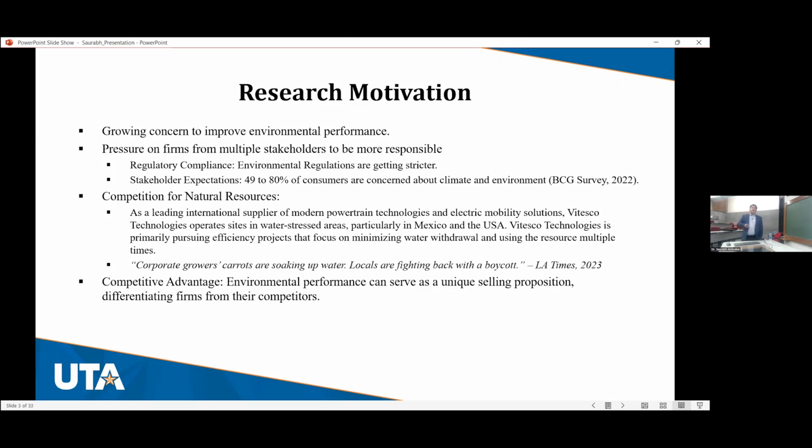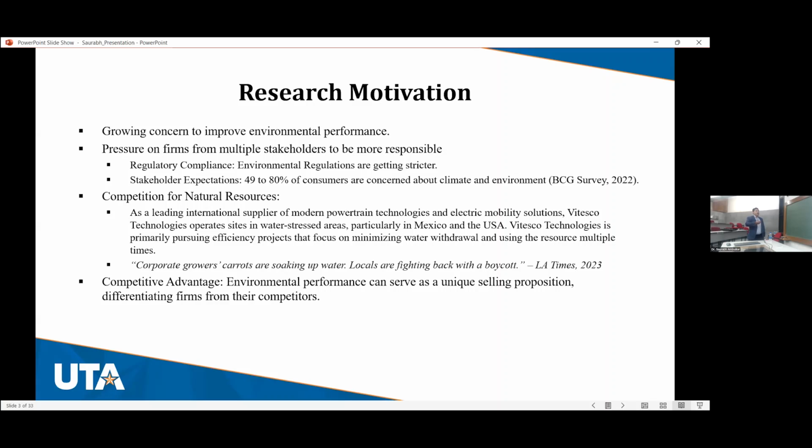There's another very recent study by McKinsey, which looks at Gen Zs and millennials: 59% of the Gen Z consumers and 72% of the millennials are worried about the environment and are looking for sustainable alternatives within the products and services they consume. So there is a lot of push from the market for companies to be sustainable.